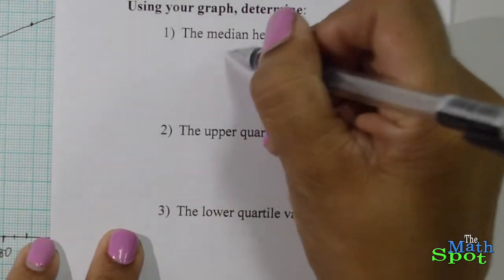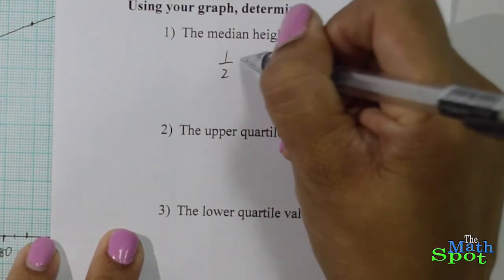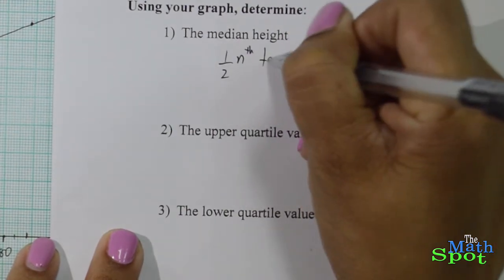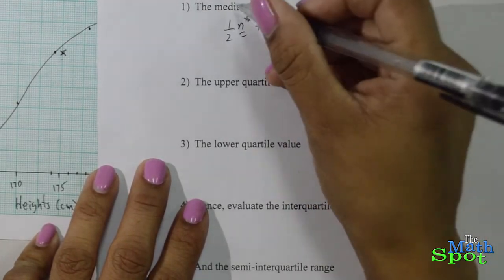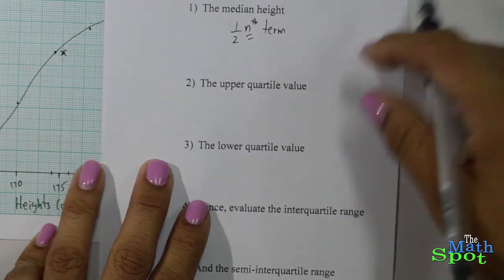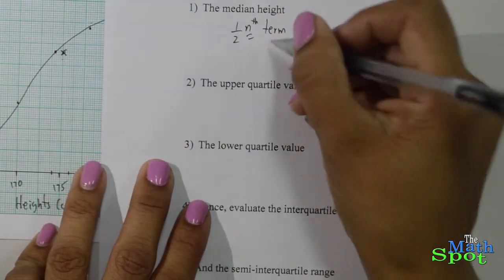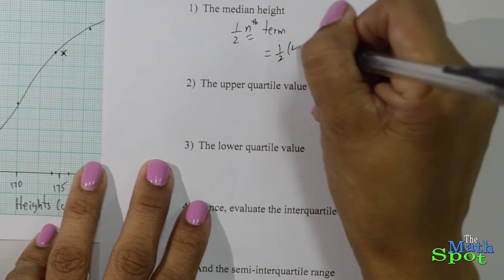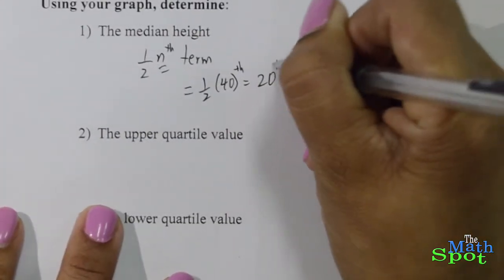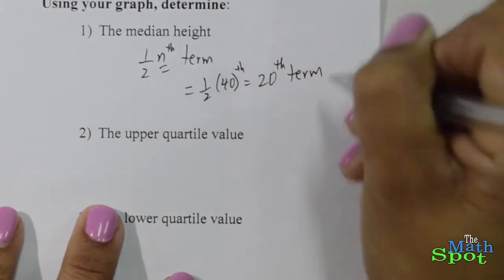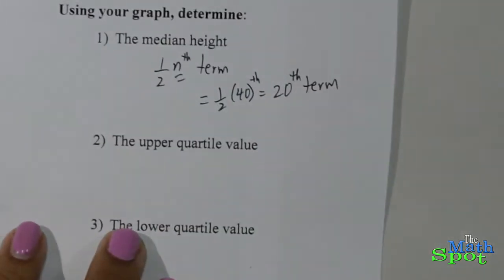So let's first find the position. It's the half nth term. N is the total frequency. And for us, that frequency is 40, so half of 40 is 20.